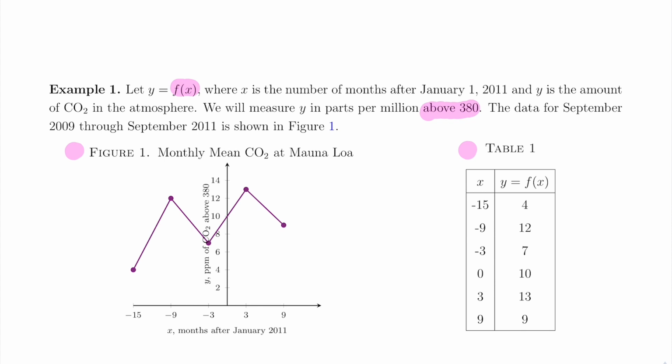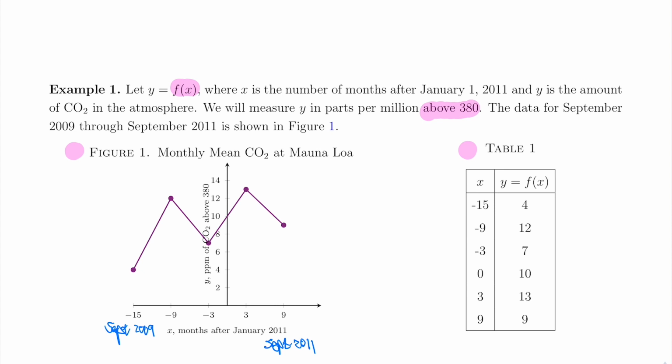And just to understand a little bit what we are looking at in our graph: this is our x value on the horizontal axis. When x is negative 15, that means we're more than a year before January 1, and that would actually be September 2009. And then our last data point is when x is 9, and that would be September 2011.